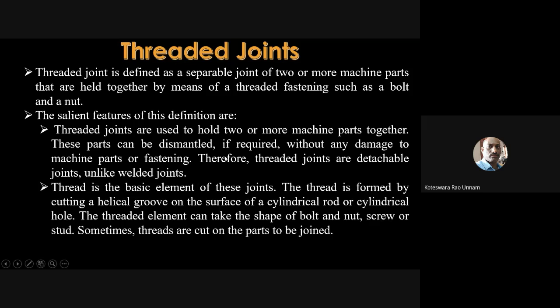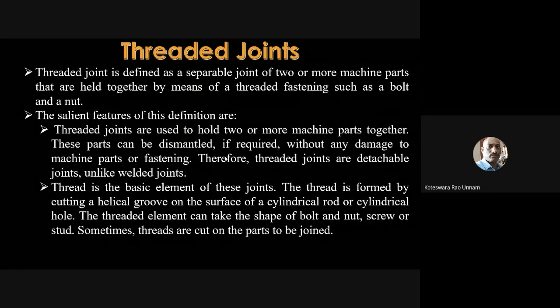So here, this is about the features of these threaded joints. Thread is a basic element of these joints. The thread is formed by cutting a helical groove on the surface of a cylindrical rod or cylindrical hole. Then the threaded element can take the shape of a bolt or nut. Like I already told you, if the threads are external threads, meaning you cut on a cylindrical rod on the outer surface, we call it a bolt.